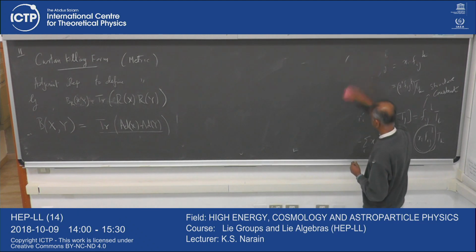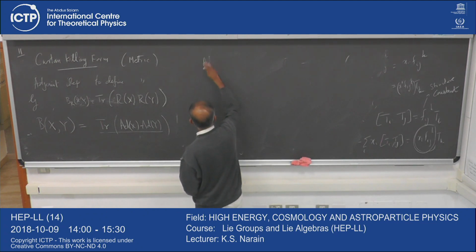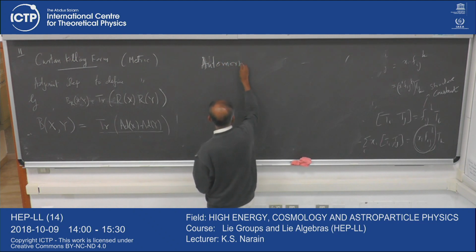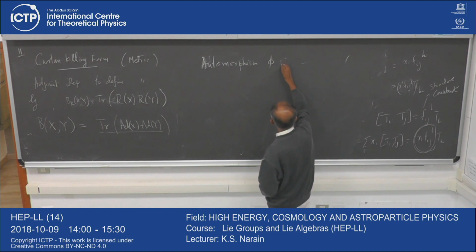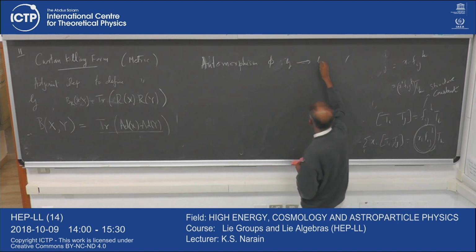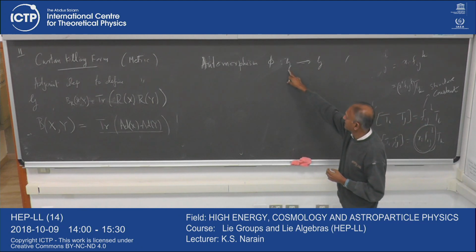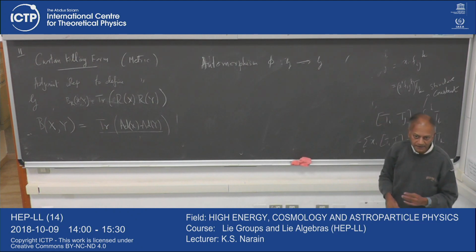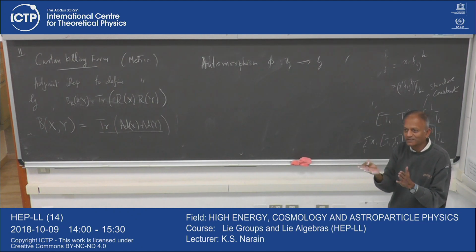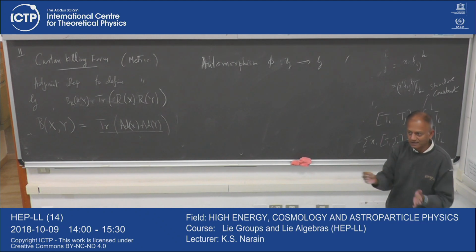So what is an automorphism? Let's use the same notation: an automorphism, let's call it phi. Phi maps the Lie algebra to itself in such a way that the structure is preserved. Of course, it's a vector space, so it's a linear map from vector space to vector space, and addition is preserved.